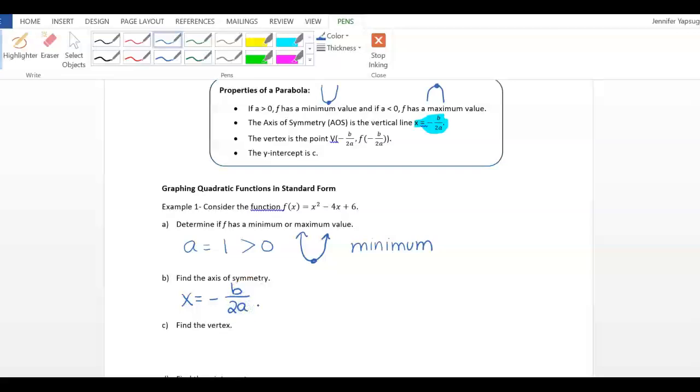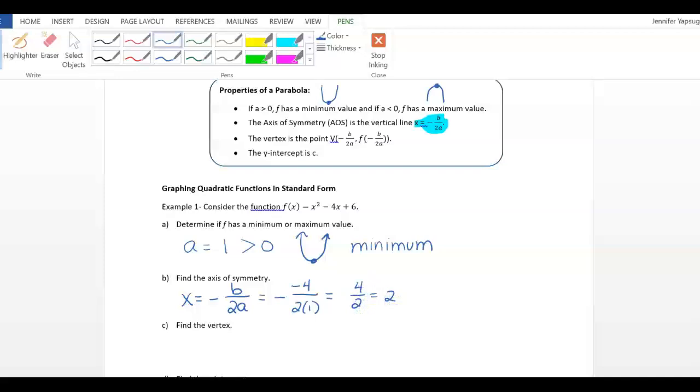So we're going to go ahead and evaluate that. That's going to be equal to negative, and my b is negative 4, and my a is 1, so that's 2 times 1. If I evaluate this, a negative and a negative make a positive, so that's going to be 4 over 2, which is equal to 2. So my axis of symmetry is simply x equals 2.